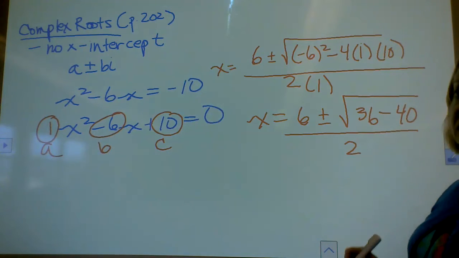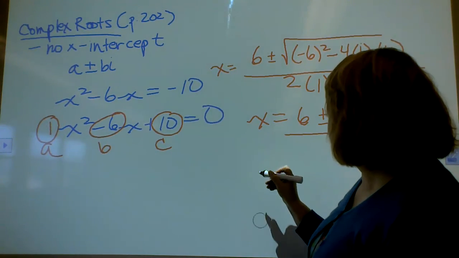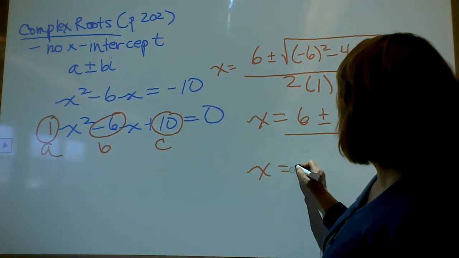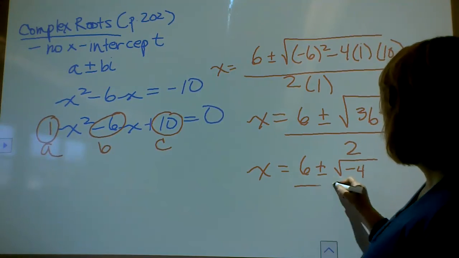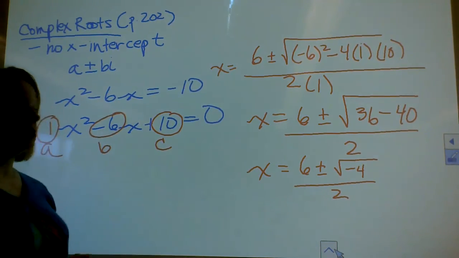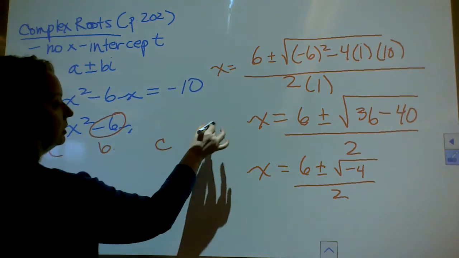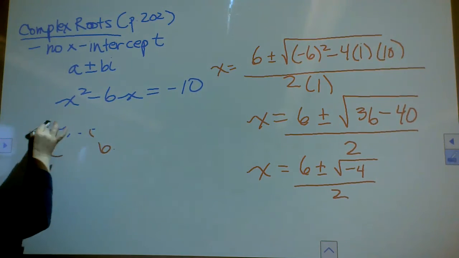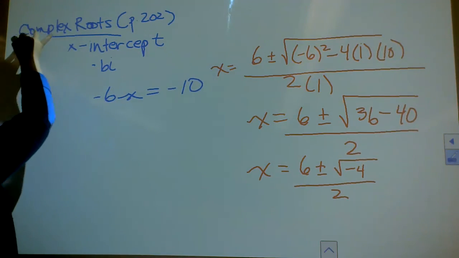Well, 36 minus 40 is negative 4, so we get x equals 6 plus or minus the square root of negative 4, all over 2. Well, we know that the square root of negative 4 is positive and negative 2i.